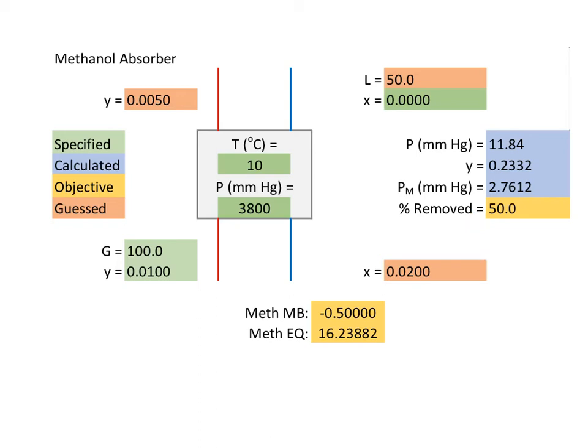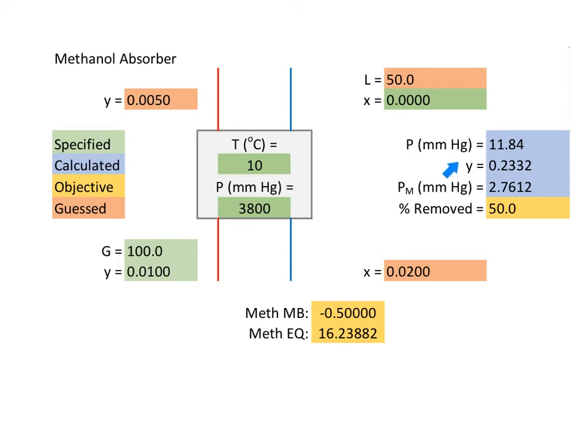Finally, the calculated values are all based on whatever is in this cell for the liquid phase composition. So, using the polynomial equations, we have that the total pressure exerted by the methanol and water together at this composition, 2% methanol in the liquid phase, is equal to about 12 millimeters of mercury.